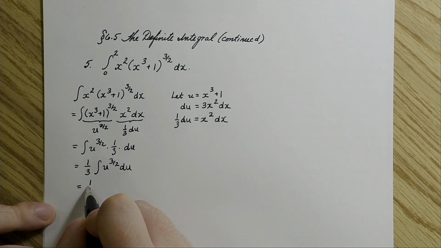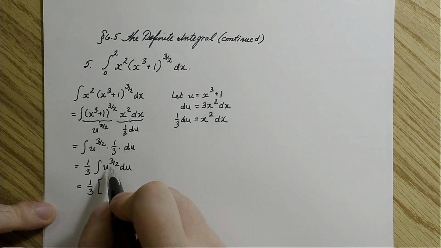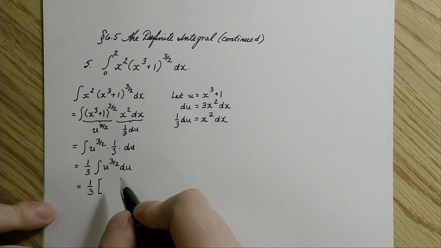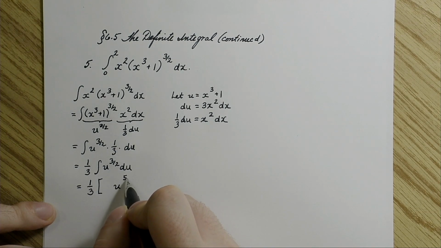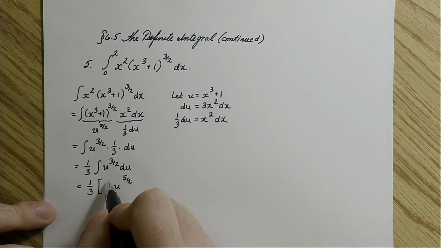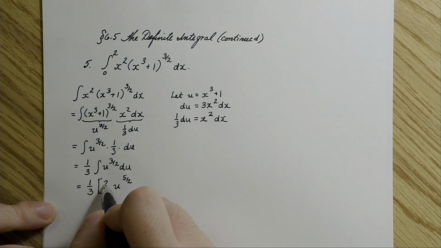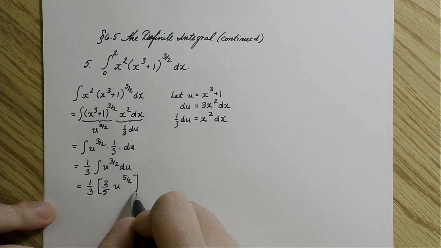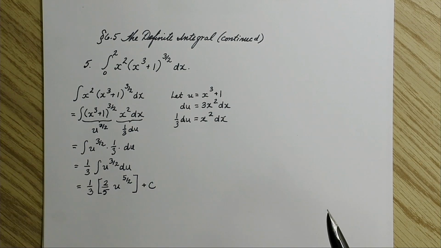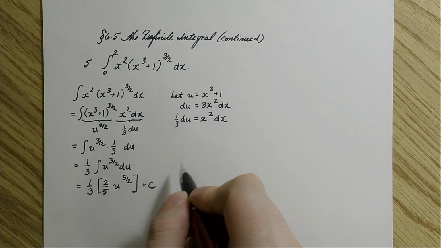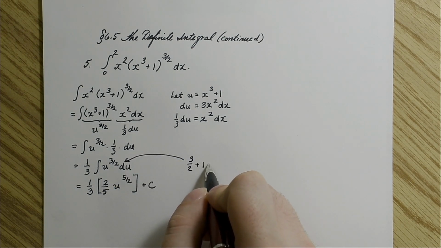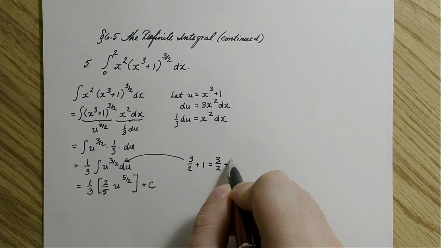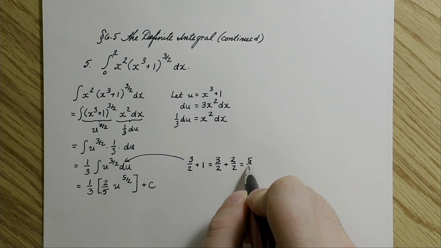And now I can actually integrate here. I have u to the 3 halves, so that goes up by 1. So 3 halves plus 1 is 5 halves. And in front, it becomes 1 over 5 halves, or, to simplify that, 2 over 5, plus c. Again, right here, that's 3 halves plus 2 over 2, which gives me 5 halves.